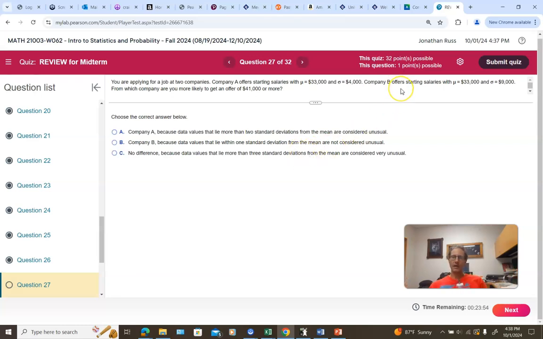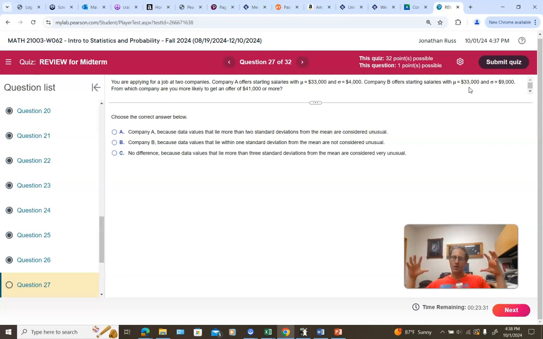So I think you're more likely to get an offer at company B because the standard deviation here is 9,000. So a salary of 42,000 would be just 1 standard deviation above the mean. Okay? So the salaries at company B are a lot more spread out.